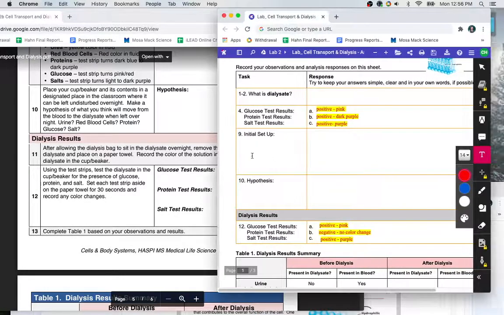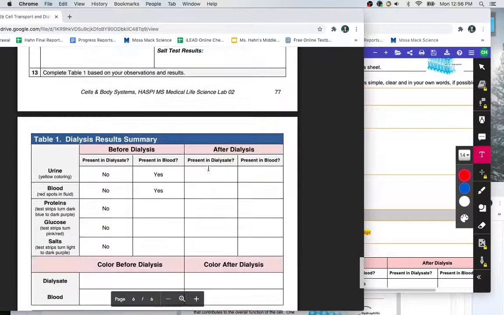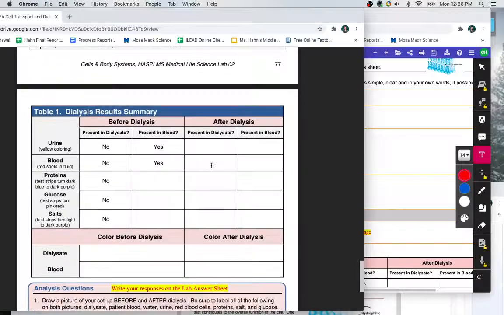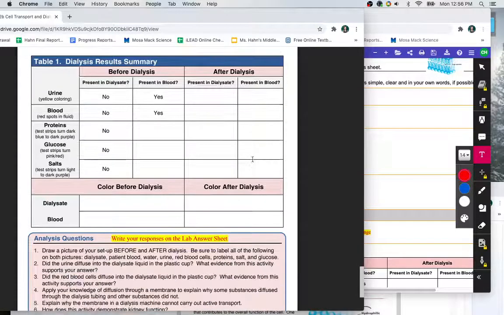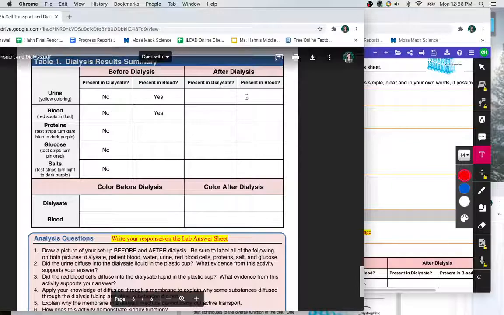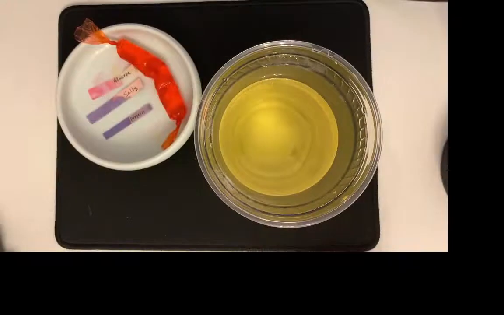Okay, and you can go ahead and look at the color. You can see if the urine was present in the dialysate. So let's see, is there a yellow color in the dialysate?